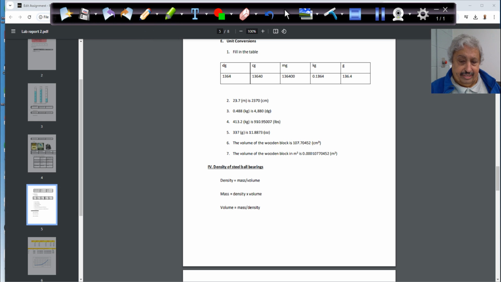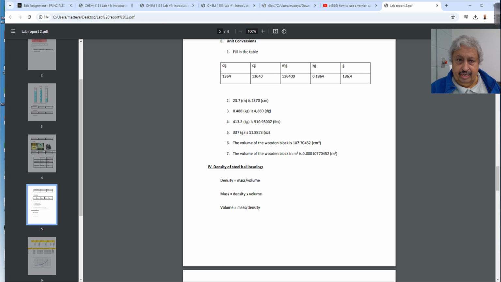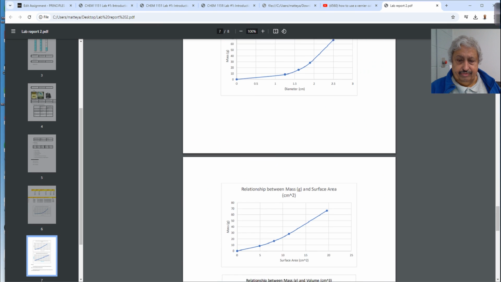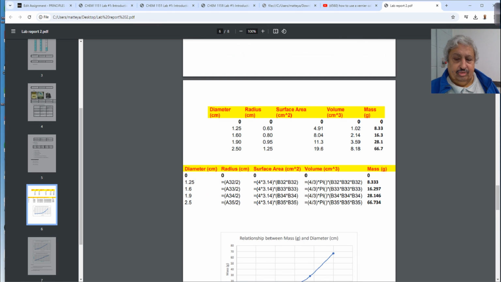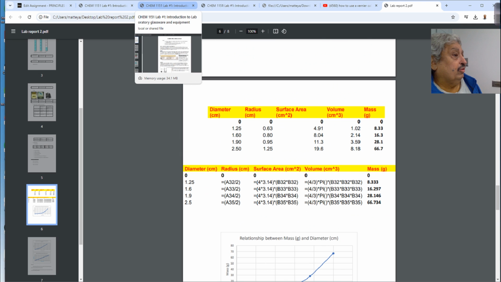However, when it comes to the density, you have to do the density by calculation. You can do that by calculation of the volume of a sphere, correct?